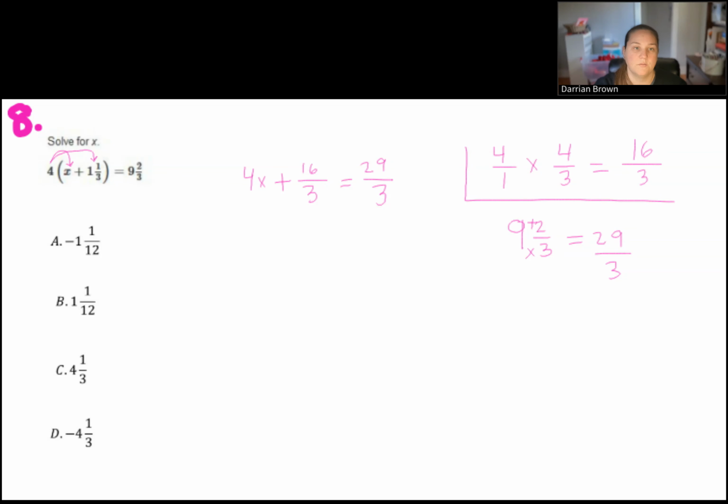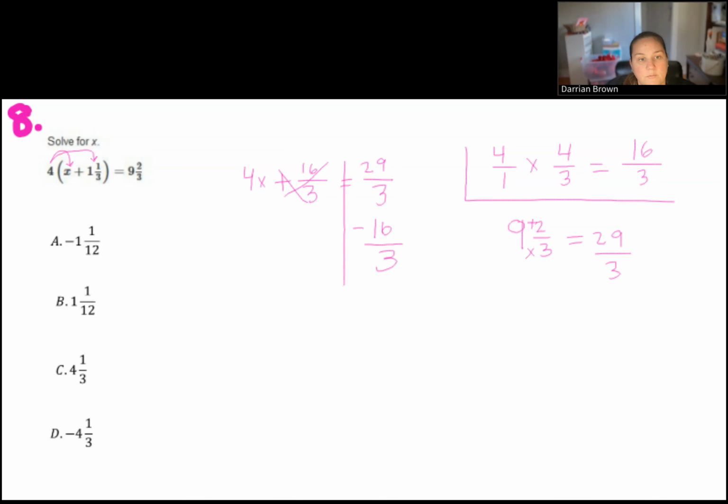Okay, so the goal's still the same. Get x by itself. We need to move 16/3. Since it's currently being added, how do we undo it? Subtract it. Very good. So we're going to subtract 16/3. That cancels it out.